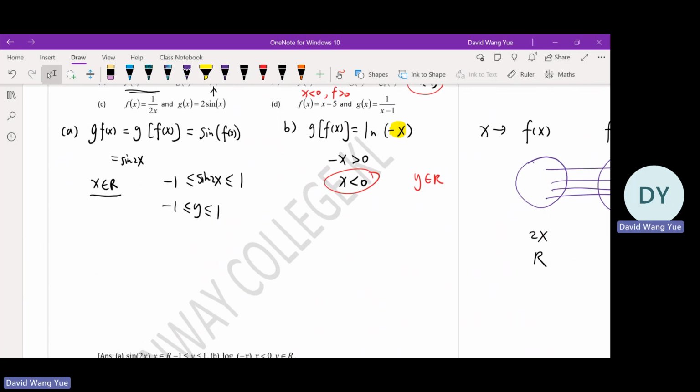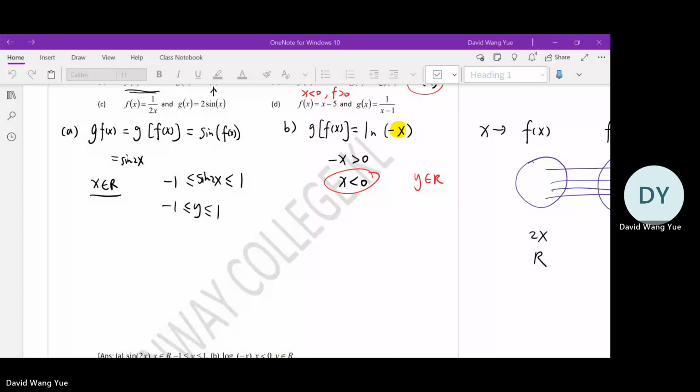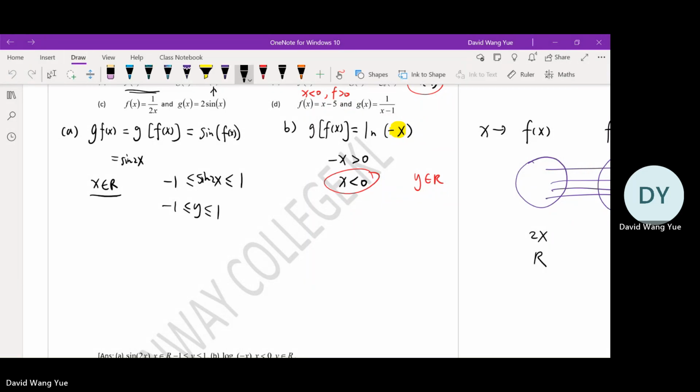Part C. So g(f(x)) is 2 sine(1 over 2x).